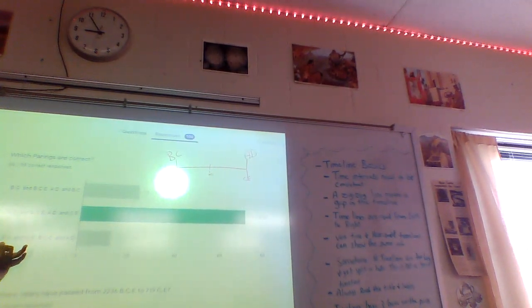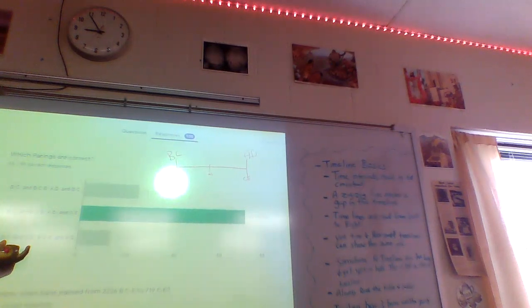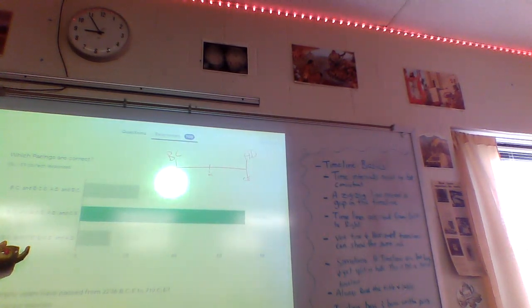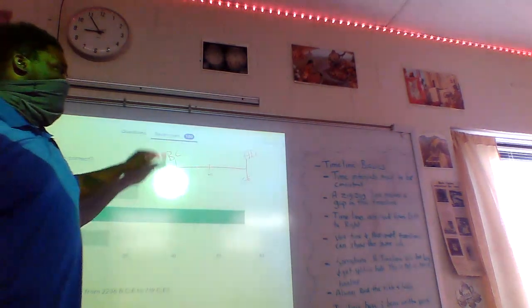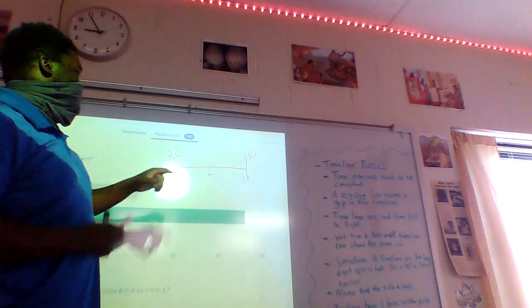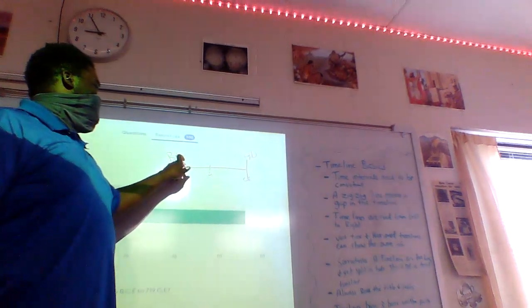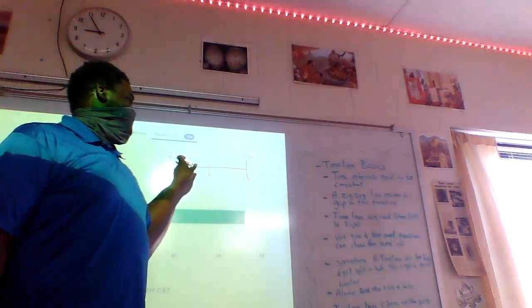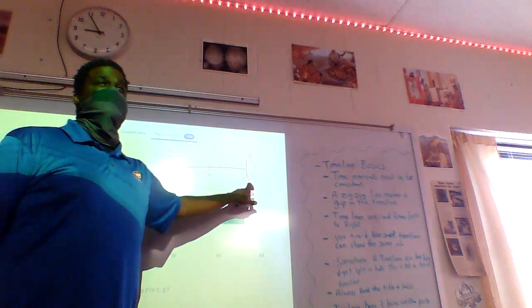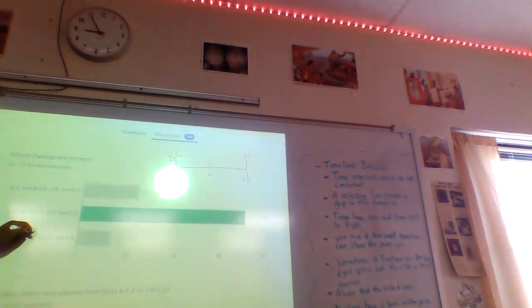All right. BC and CE, do these two things go together? Before Christ and Common Era, do those two pairings ever go together? No, they don't mean the same thing. They're not synonyms. And if we look at our timeline, if it says BC, it's never going to say CE on the other side. So these two things don't go together.